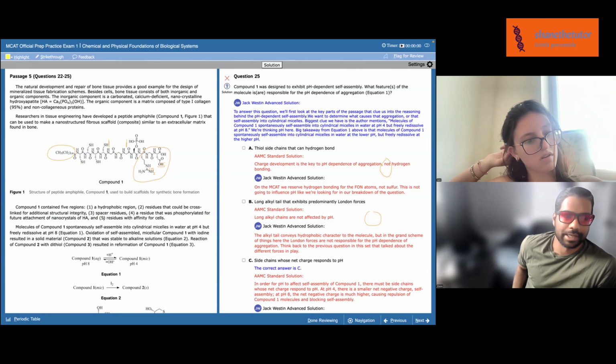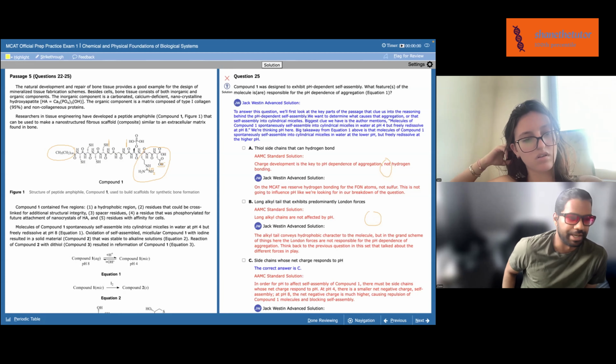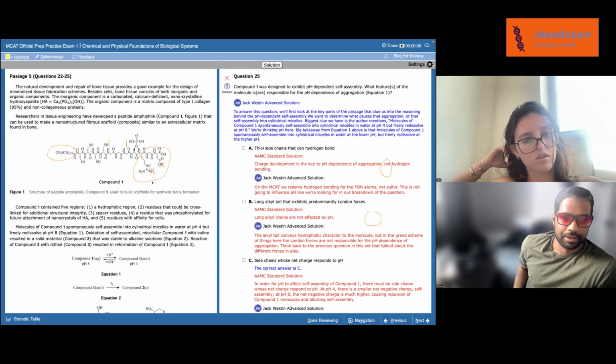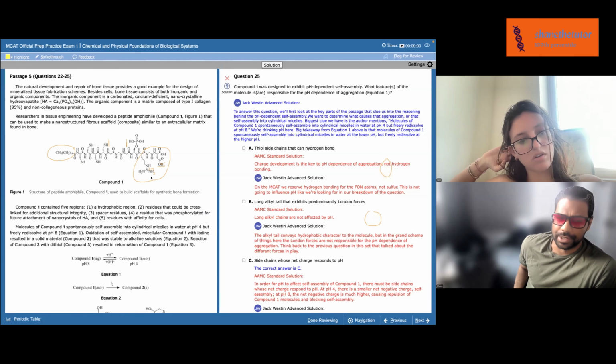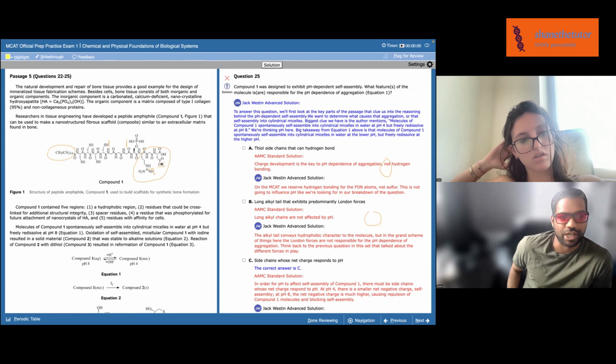Which amino acids in compound one can change? I don't mean change into a different amino acid, I mean change from what we see already written.